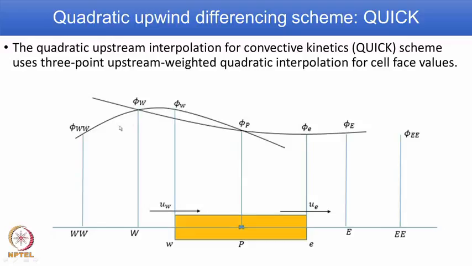Then you have a quadratic fit running through 3 nodes. The immediate downstream node is phi at P, then one node on the left is phi at W, capital letter, then one node upstream is phi WW. That is a quadratic fit. Similarly, for face e, you consider the immediate downstream node, phi at capital letter E, then one node on the other side is phi at P, then one more node upstream is phi at W. That is the graphical representation of the quadratic fit.